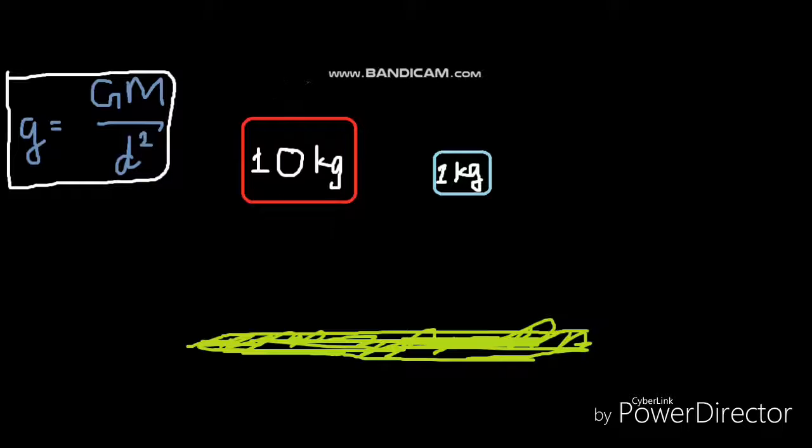So this object is heavier than this, right? And this equation gives us an interesting fact: if you think that the heavier object will fall faster than the other object, your thinking is wrong.